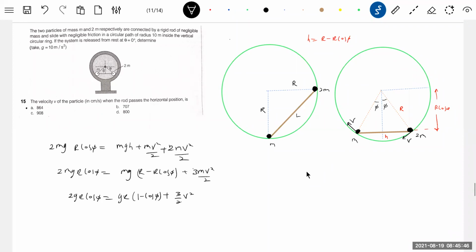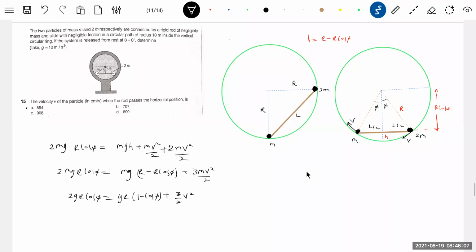We don't know phi. What to do with phi? Anybody answers? How to bring the phi? L by 2, L by 2.